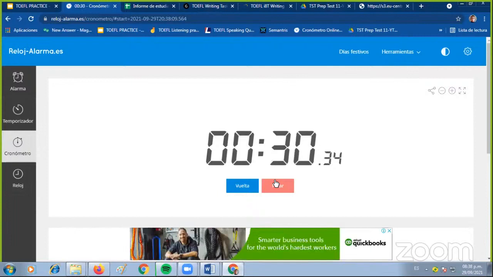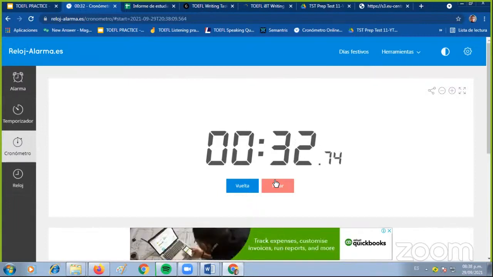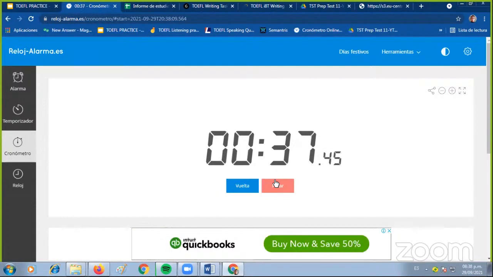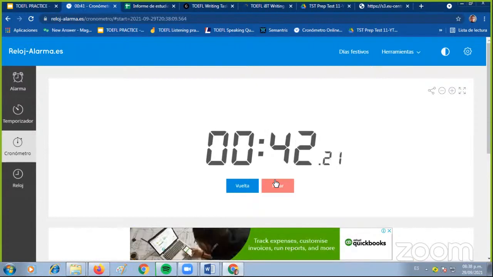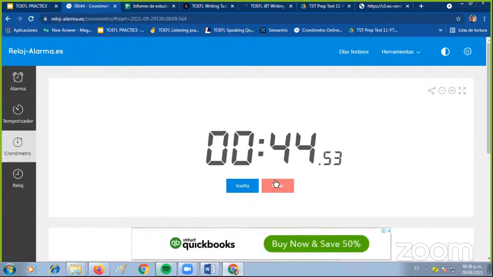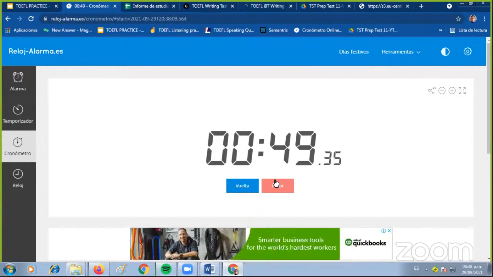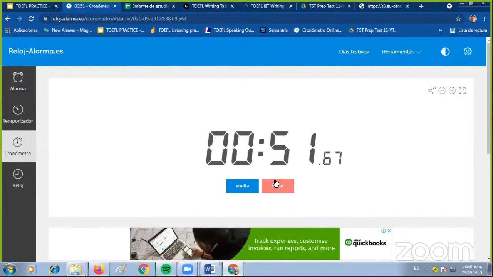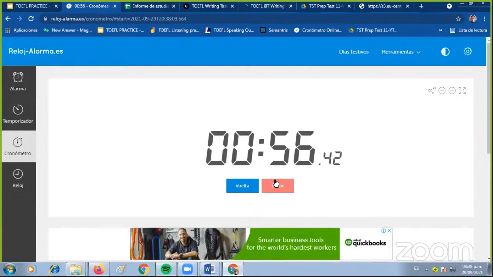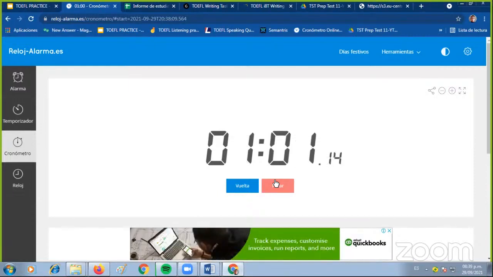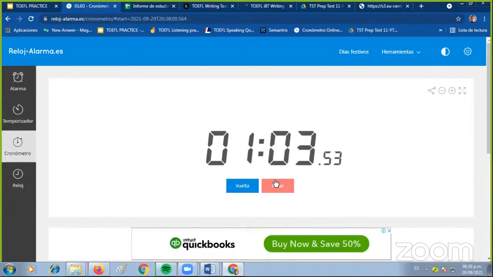For the first one, it is always needed to maintain a certain temperature between 60 and 70 Celsius. I mean Fahrenheit. And the second phenomenon is the humidity. They also maintain the same humidity to preserve the different artifacts.